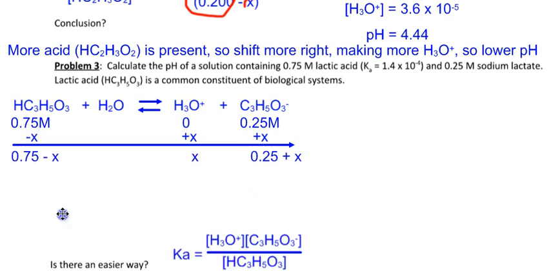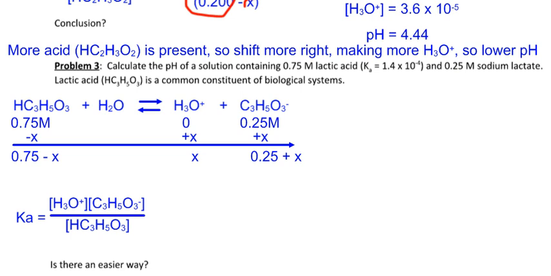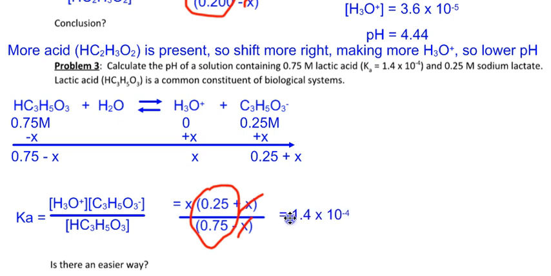Now we need to solve for what x is equal to. I'm just plugging in my values here. Again, what can I cancel out? I can cancel out these here, and so all you have is this term. I think you can do that. And I'll go ahead and solve for x here. This term is equal to 1.4 times 10 to the negative fourth.